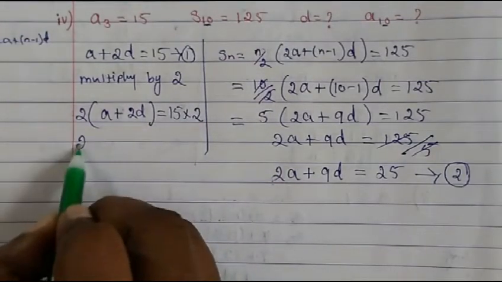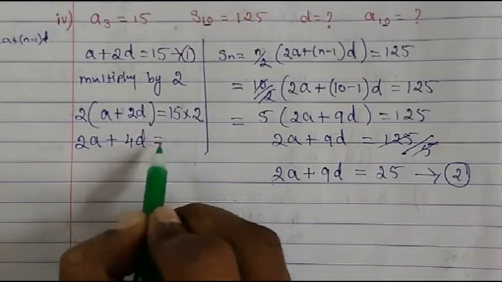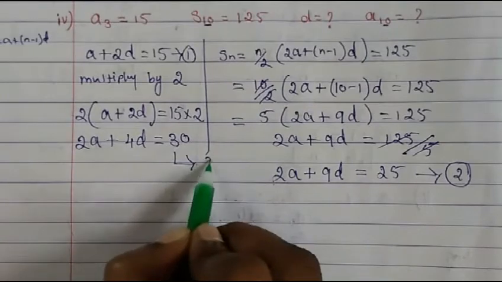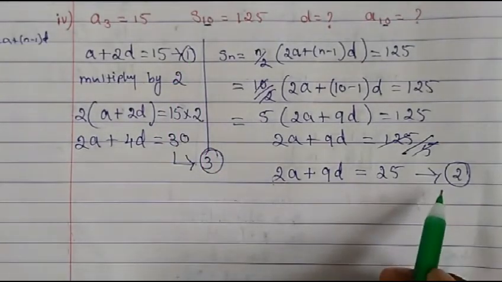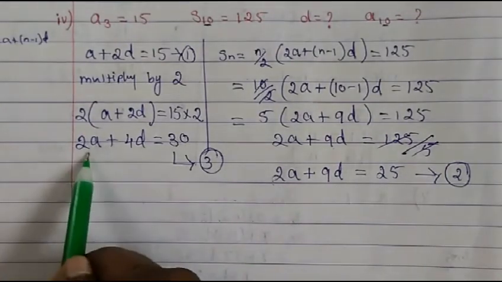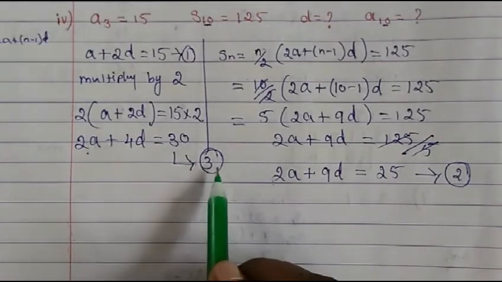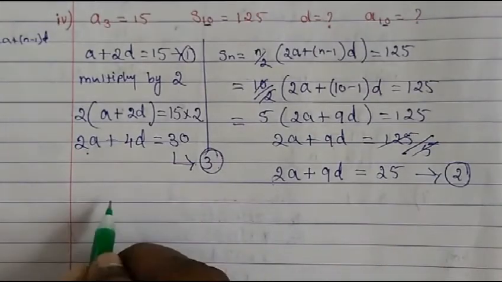So you will get 2a plus 2 2s are 4d, then 15 into 2 will give 30. So this will become equation 3. So we have equation 1, equation 3, equation 2. So now you can use the elimination method, because here also 2a, here also 2a. So now we can use the elimination method for equations 3 and 2 and then get the d value.